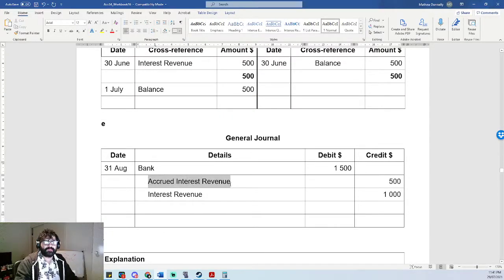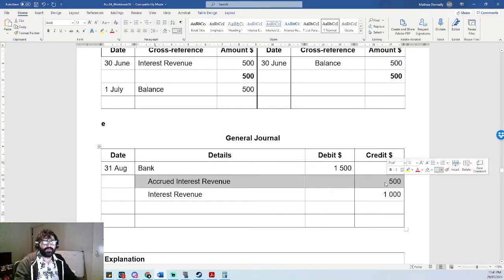Okay? So this closes off the asset. That is no longer an asset. We have earned this. So in our income statement, we would only put $1,000 if we were doing one at the end of August. The accrued interest revenue, we would have no asset there.